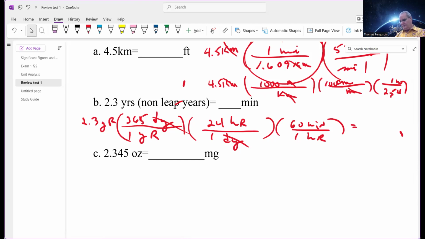Okay, ounces to milligrams. So what are we going to do in that one now? Ounces to pounds. Great. We can go ounces to pounds, pounds to grams, and then grams to milligrams.